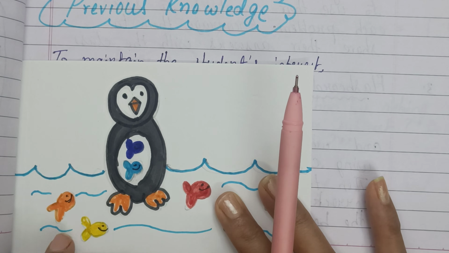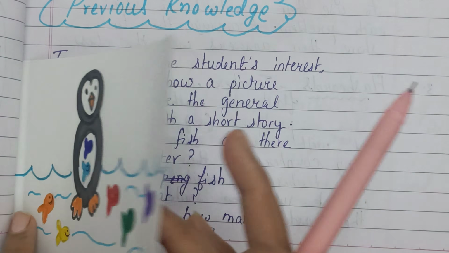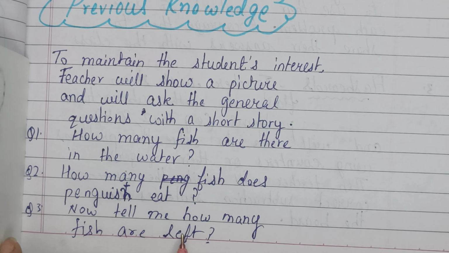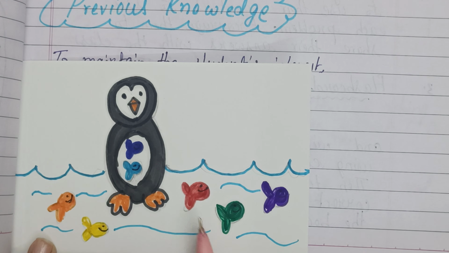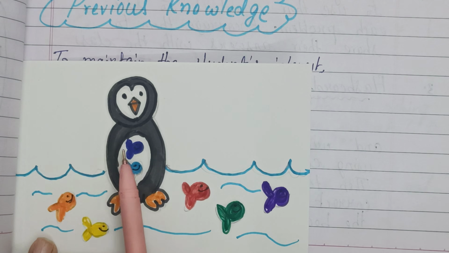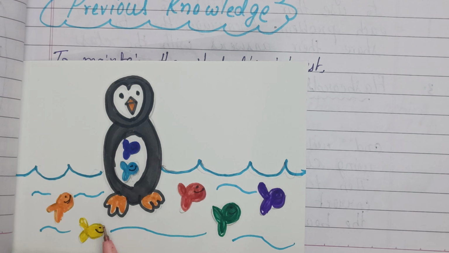Then you will ask about the remaining fish in the water. So now tell me how many fish are left. Total 5 fish were there and the penguin ate 2 fish. So 3 fish will be left in the water.